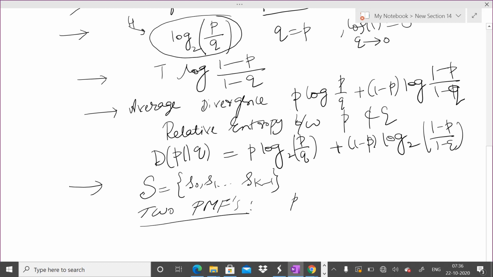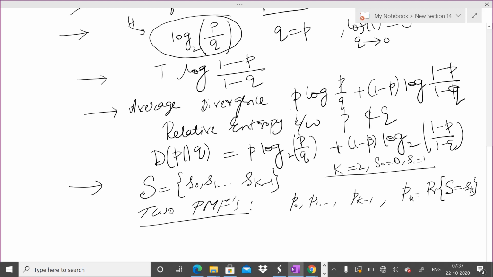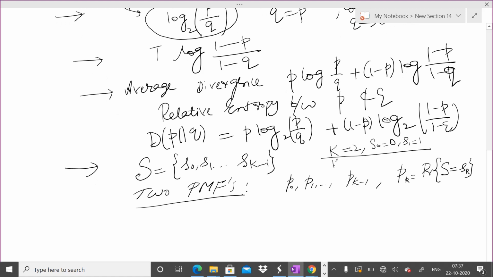One will be denoted by P0, P1 to Pk minus 1, where Pk is the probability that the random variable S takes some value small sk. In case of coin tossing, K was 2, S0 was 0, S1 was 1, and so on. Or if you have a die, then K is equal to 6, and you have S0 equal to 1 up to S5 equal to 6. So you can compare it with that.